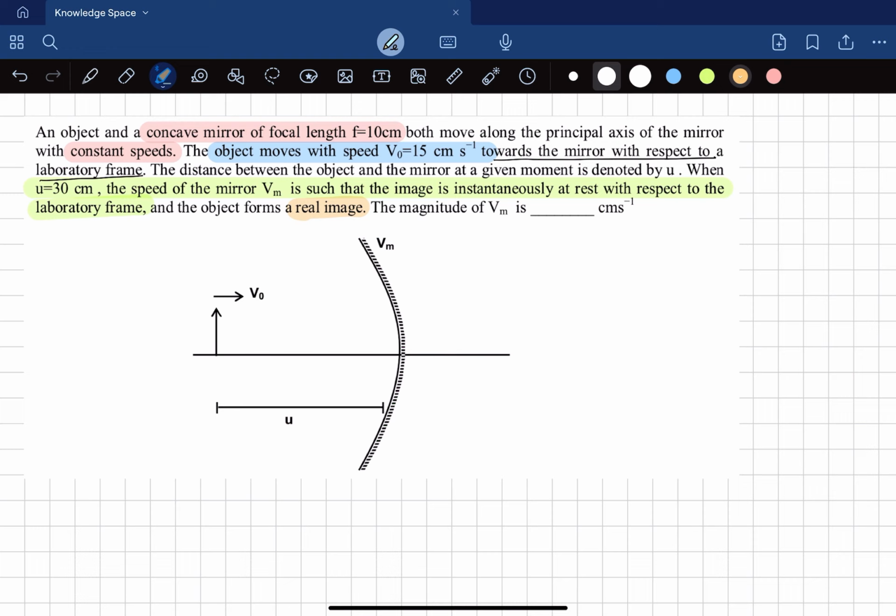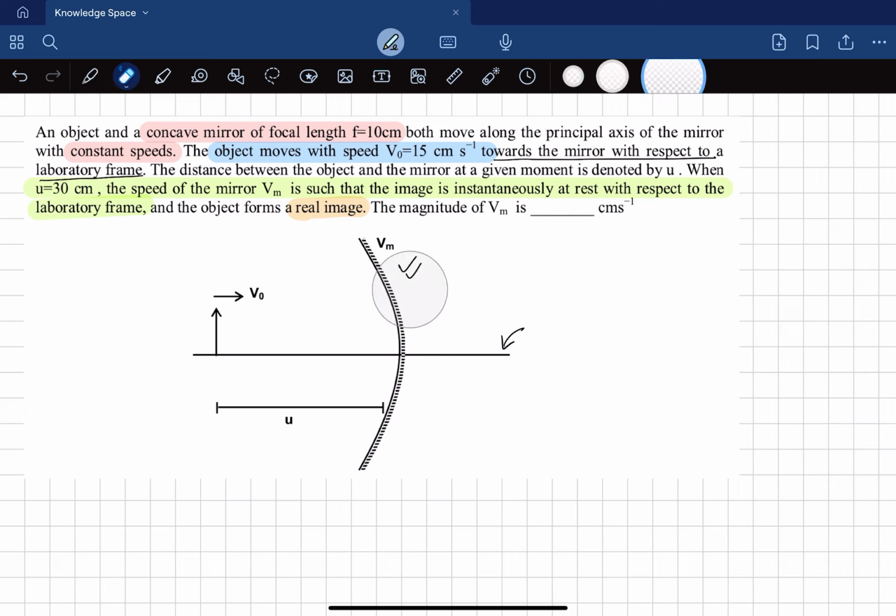Okay, so in this question, there is both an object, which is this, and a mirror, which is this, and they're both moving along the principal axis, which is that, at constant speeds. Now the object moves with a speed of 15 centimeters per second.